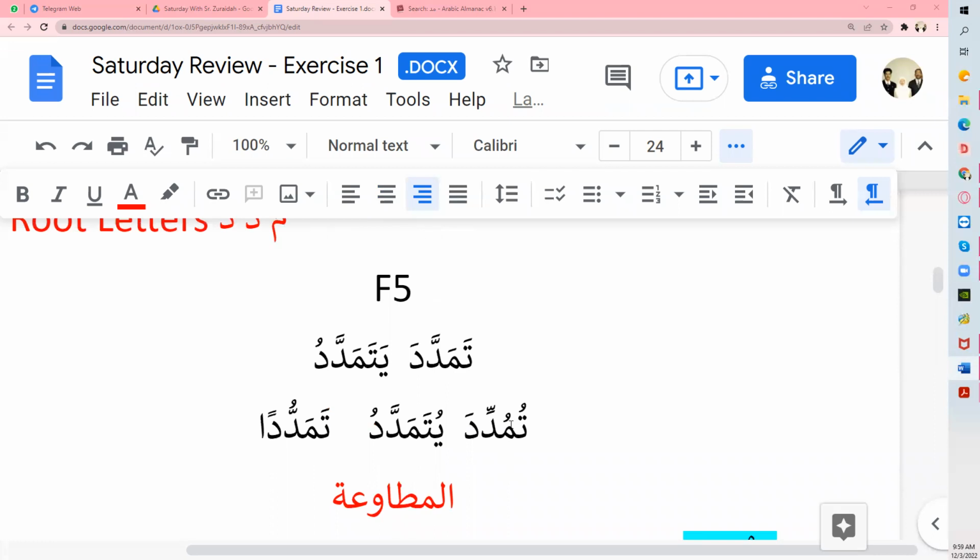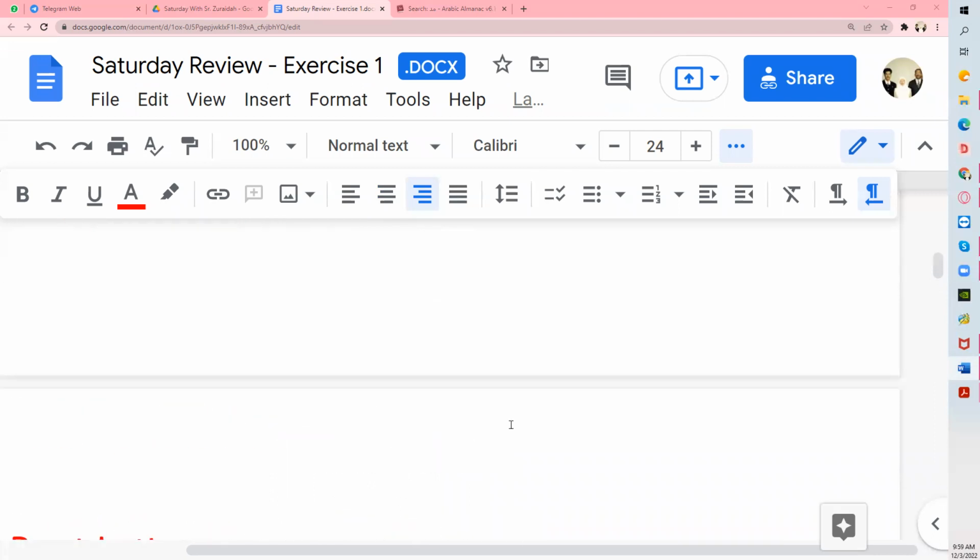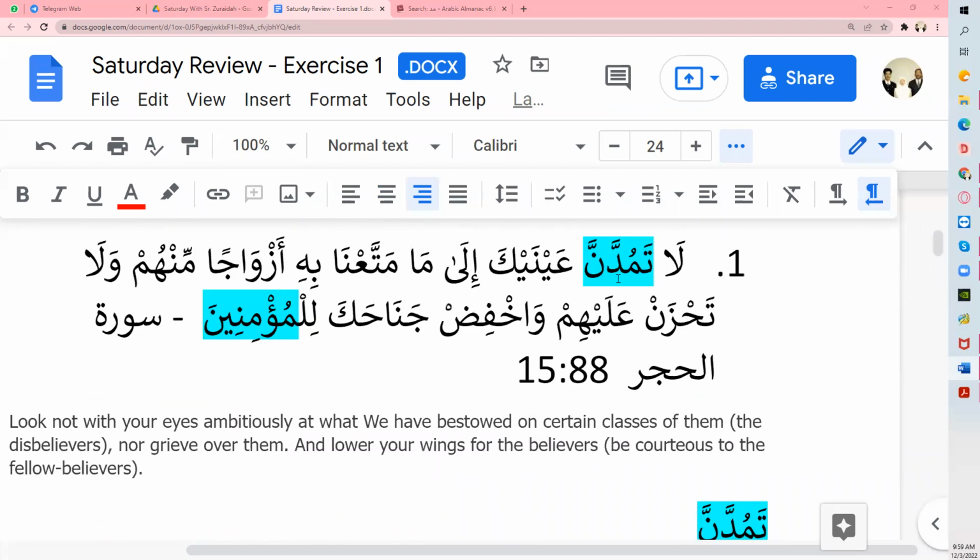Tamuddanna is actually mujarrad, it's family 1. This is actually fi'il mudhari', but it is your eyes, right? So the doer is the ta in front. Remove the ta lah, mudan.